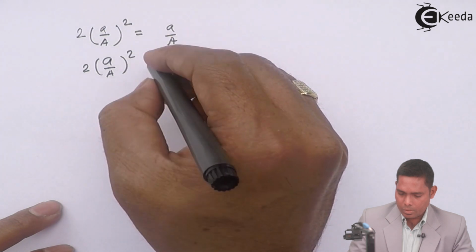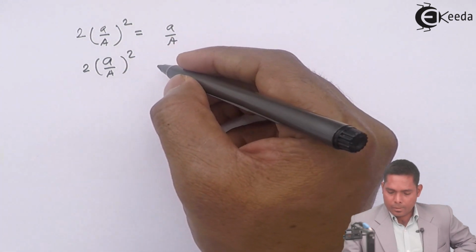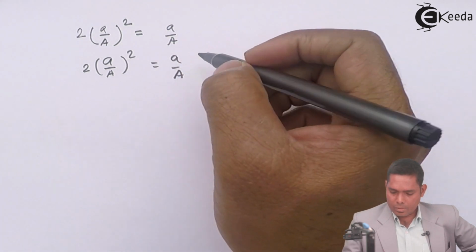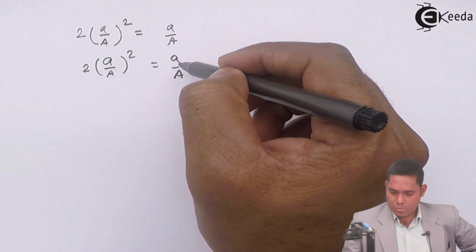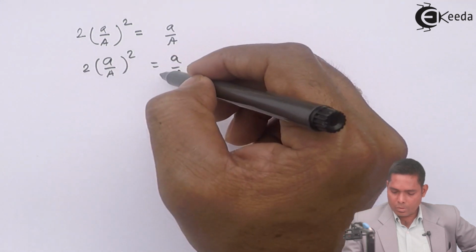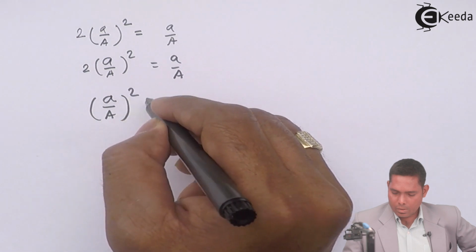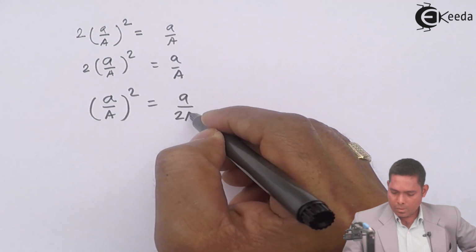One will cancel out, a by a equals a by a. So a is brought down here, so (a by a) the whole square is a by 2a.